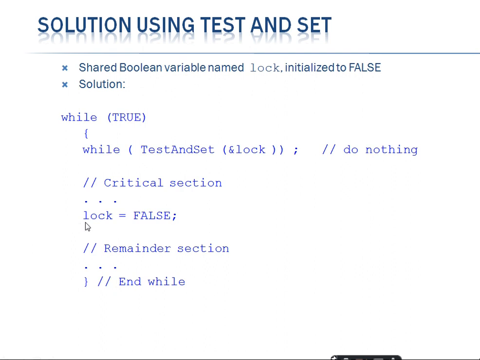Then after the execution of the critical section, lock will be set to false again, and then the remainder section. And here is the end of this while loop. I hope you are getting the point.